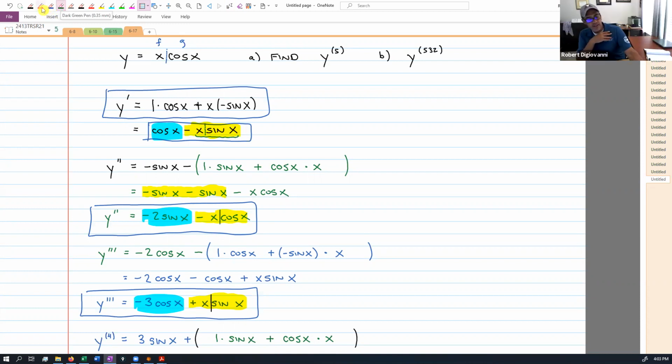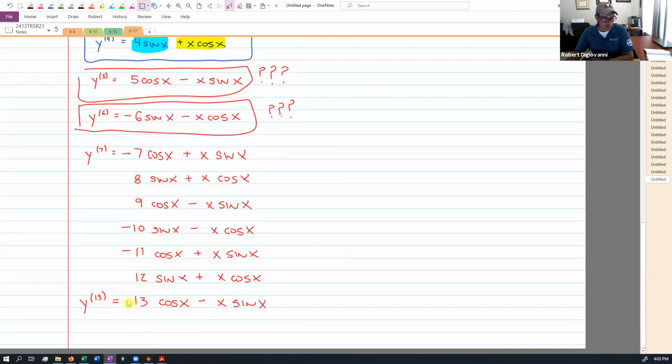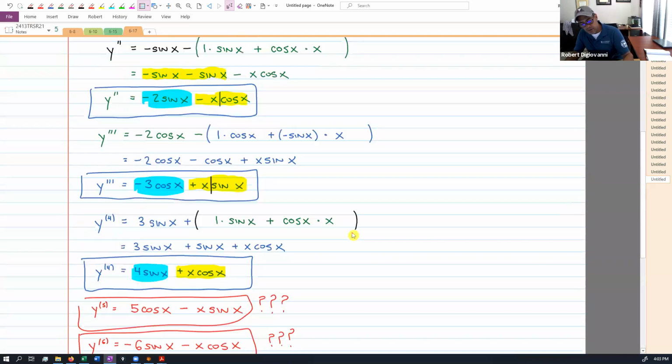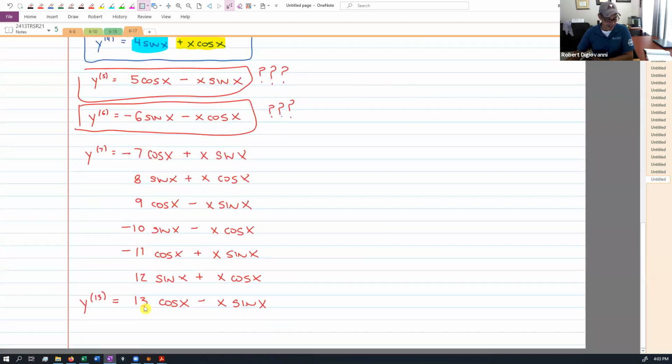So let's try and take a guess as to what this would be. Well, how about the number? Are we confident that the number is just going to be the derivative we're doing? So are we pretty confident that this derivative will have a 532? That much I can say. Now we have to determine if it's going to be a sine or a cosine here.